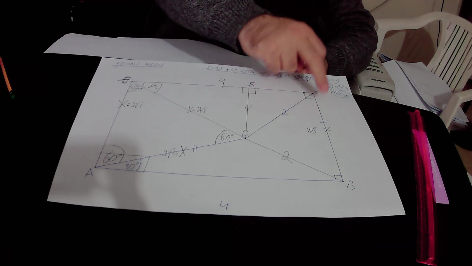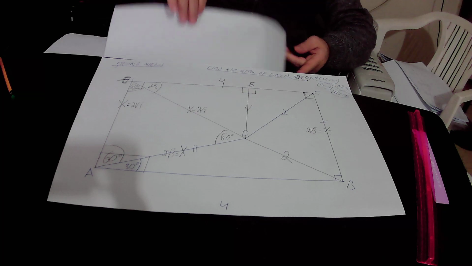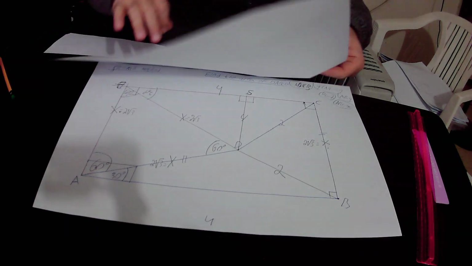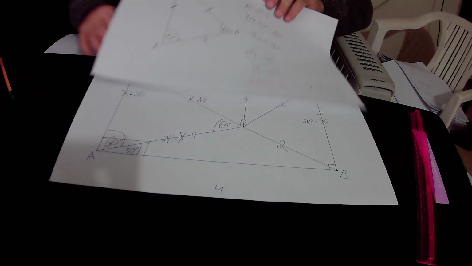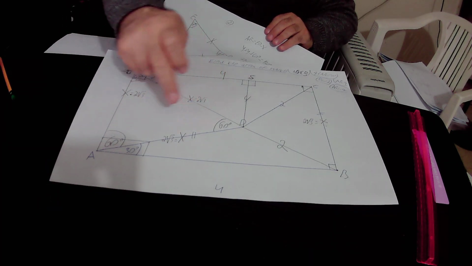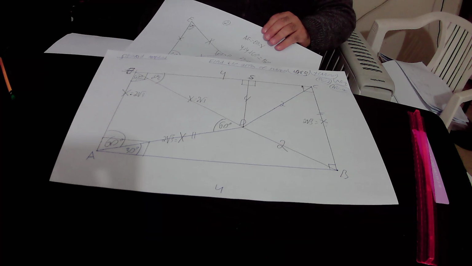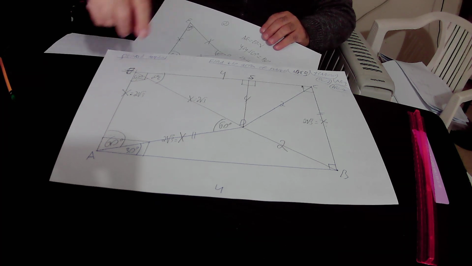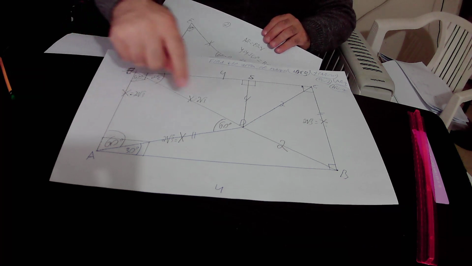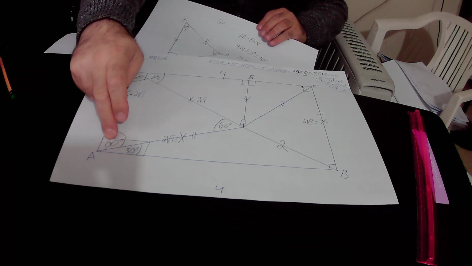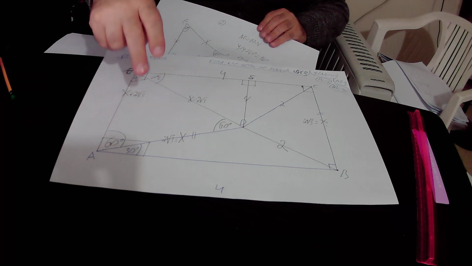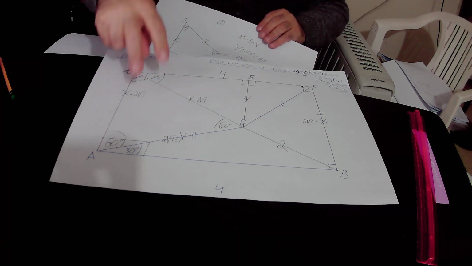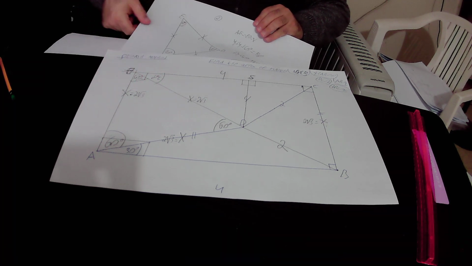But BC equals X, therefore AD will also equal X. Again, I repeat, BC equals X, so AD also equals X. And so here, in triangle AED, we have one angle that equals 60 degrees, and it has two sides that are equal to each other. So I drew triangle AED on a new page, and we analyzed it.